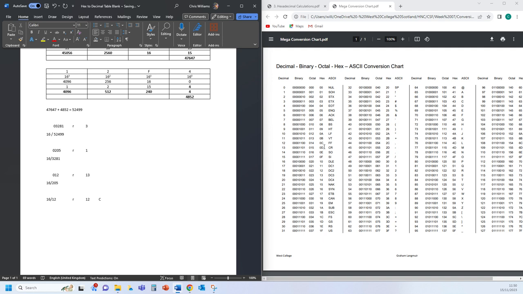So that gives us the D. Working our way back up again, and as I said, between 0 and 9, hexadecimal and decimal are the same. So that's 1, and that will give us 3, which gives us the hex value of CD13.